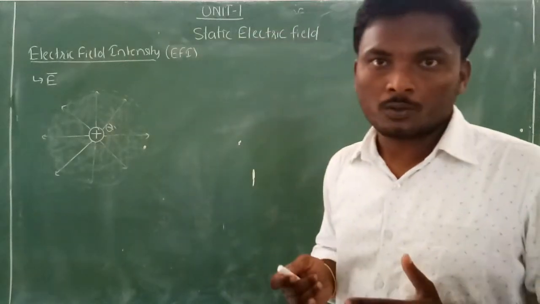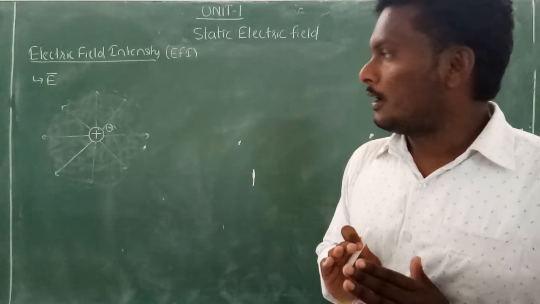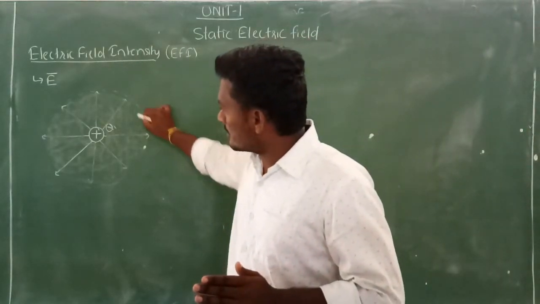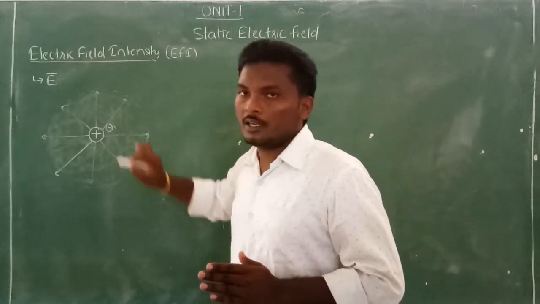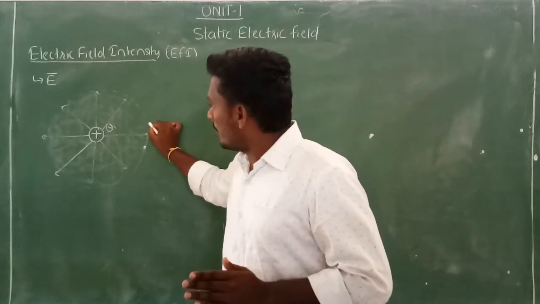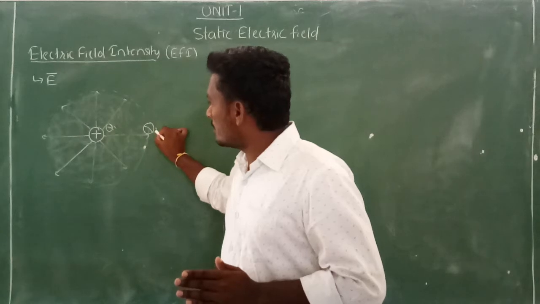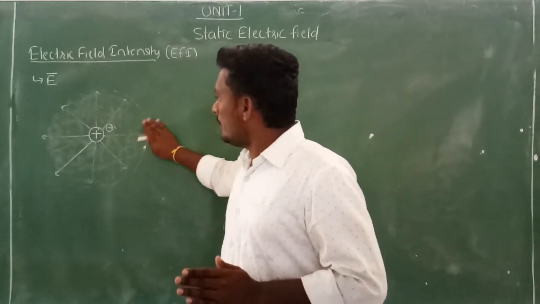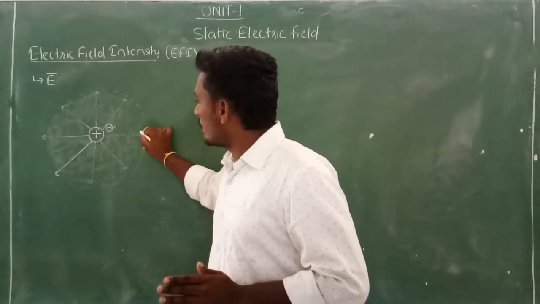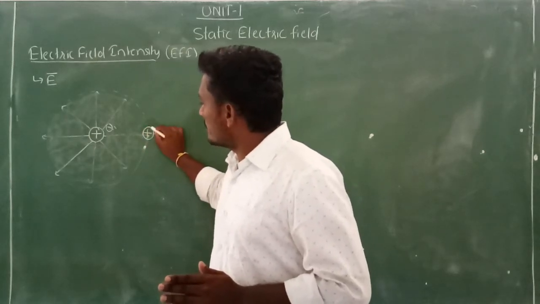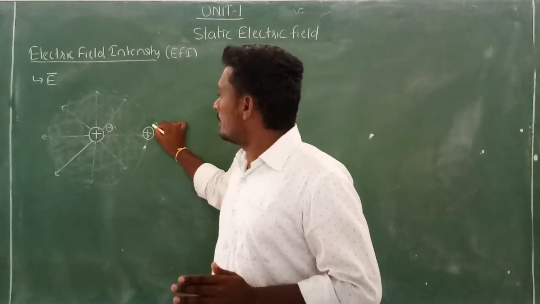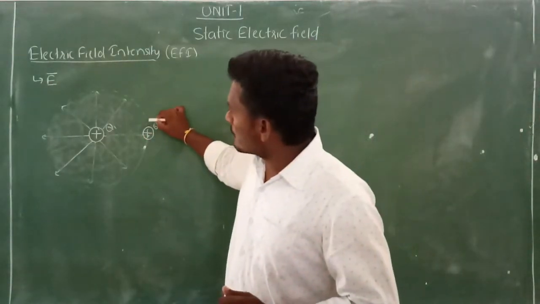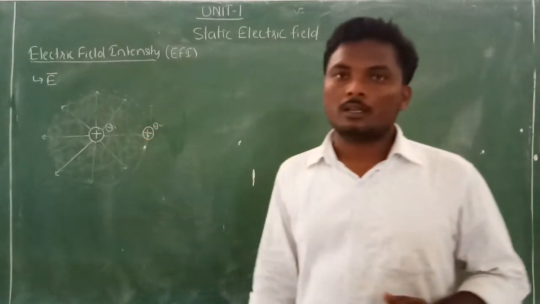Now I am keeping my Q2 charge in this location, in this vicinity. What will happen if I keep my Q2 charge in this location? It has the same polarity, that is positive. Now it also produces its own electric field lines around it.